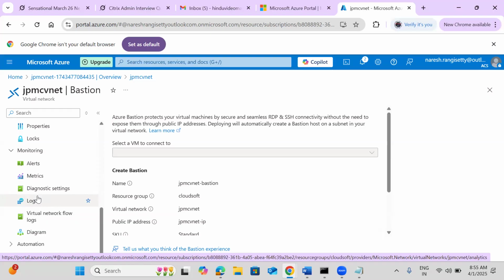Compared to service endpoints, private endpoints give enhanced security and very simple networking. We can create the private endpoint and connect using that. Azure recommends private endpoints for security.